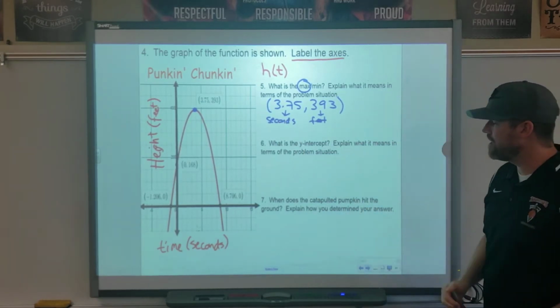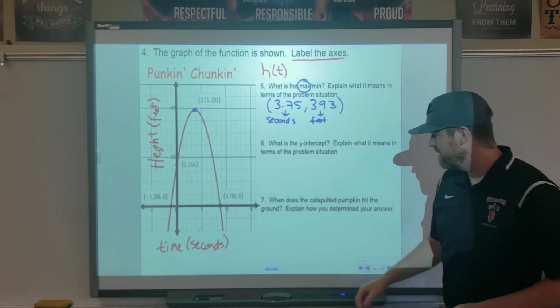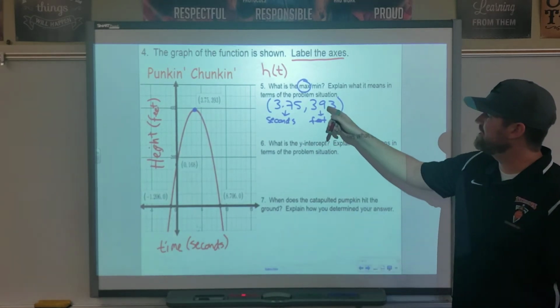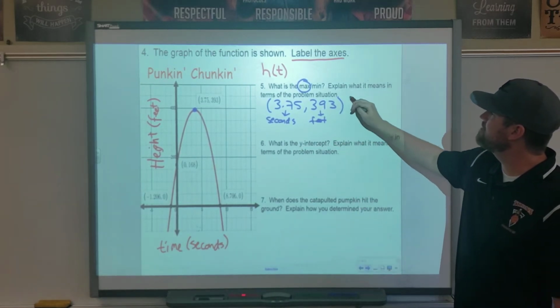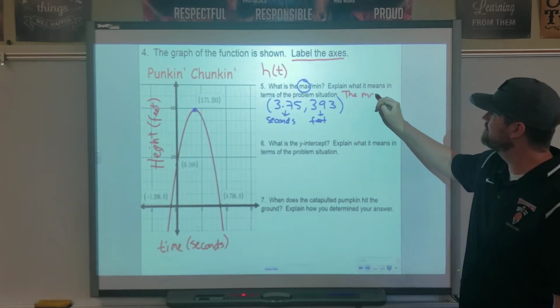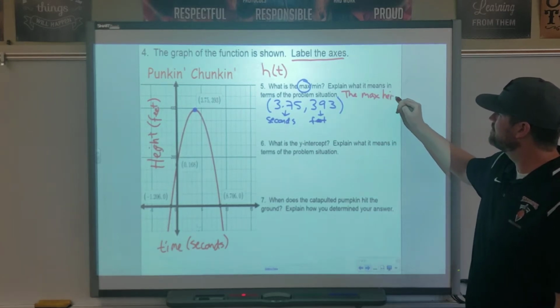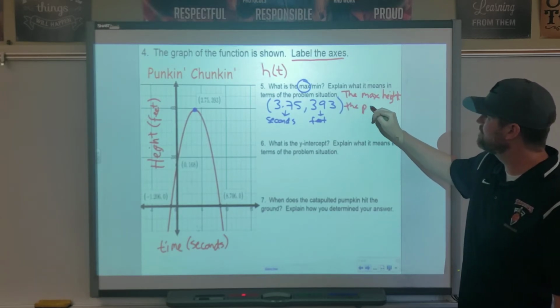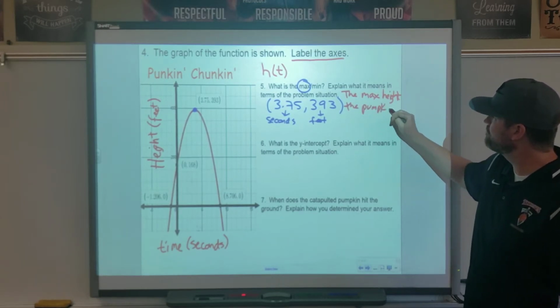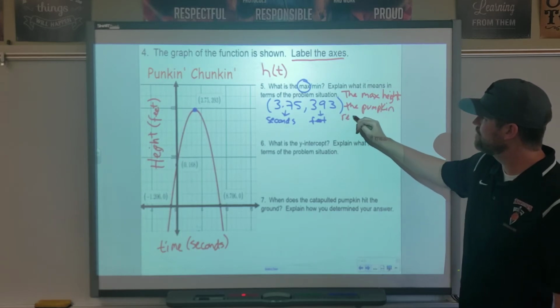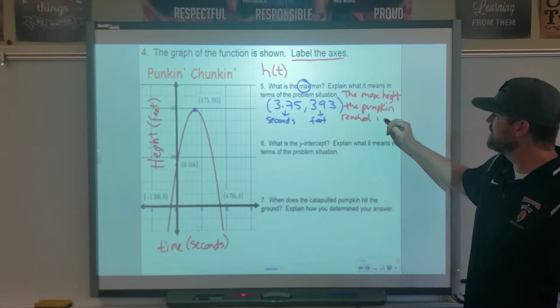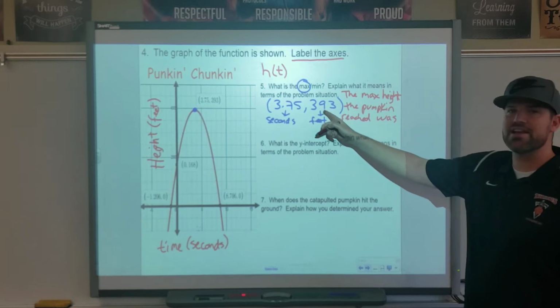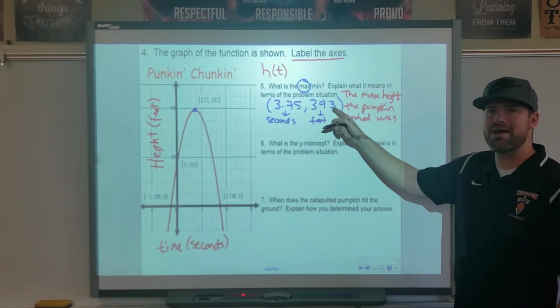So I don't have a whole lot of room. I'll try to squeeze that in there. But our vertex essentially means the max height the pumpkin reached, and it tells us right here because this is our vertex, which is our maximum.